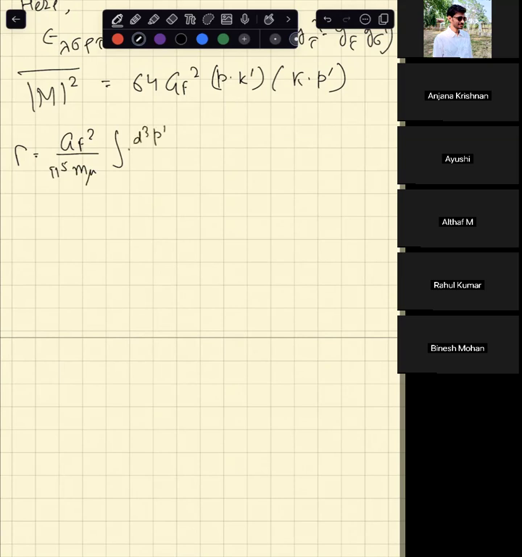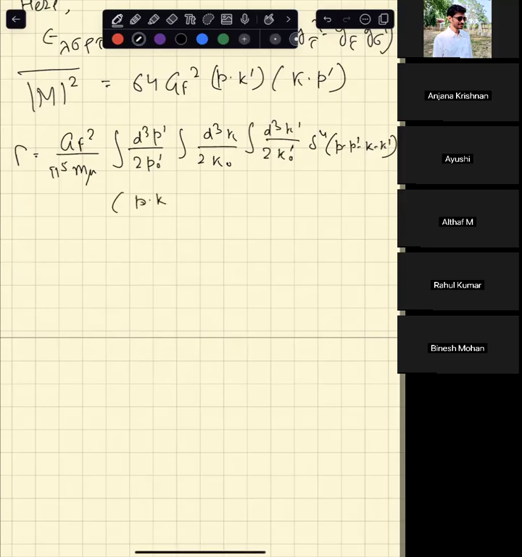So d cube p prime by twice p naught prime, d cube k by twice k naught, and then you have d cube k prime by twice k naught prime. You have a delta 4 p minus p prime minus k prime, and from this mod m square we have this p dot k prime and then k dot p prime. Okay, so this is the form that we have achieved.